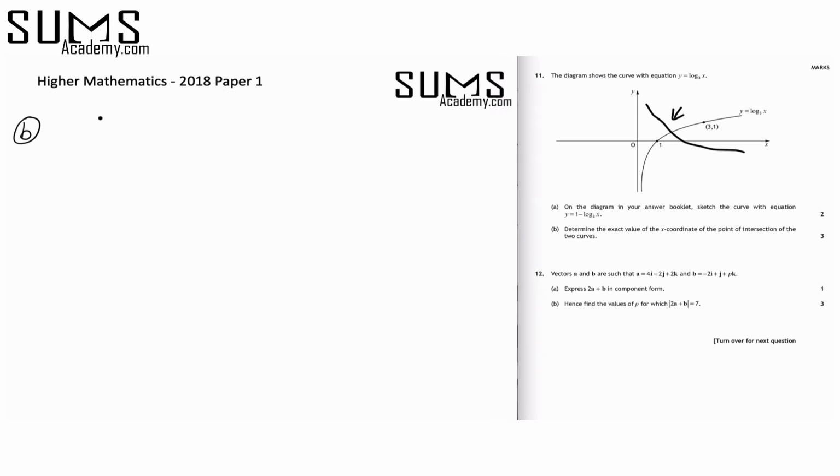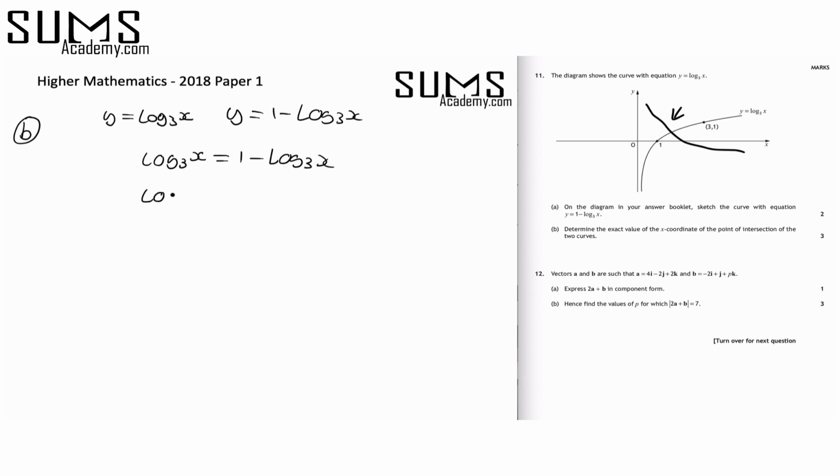Okay, so our first equation is y equals log 3x, and our second one is y equals 1 minus log 3x. So we'll put these equal to each other. Log 3x equals 1 minus log 3x. So you can move this one over to the other side.